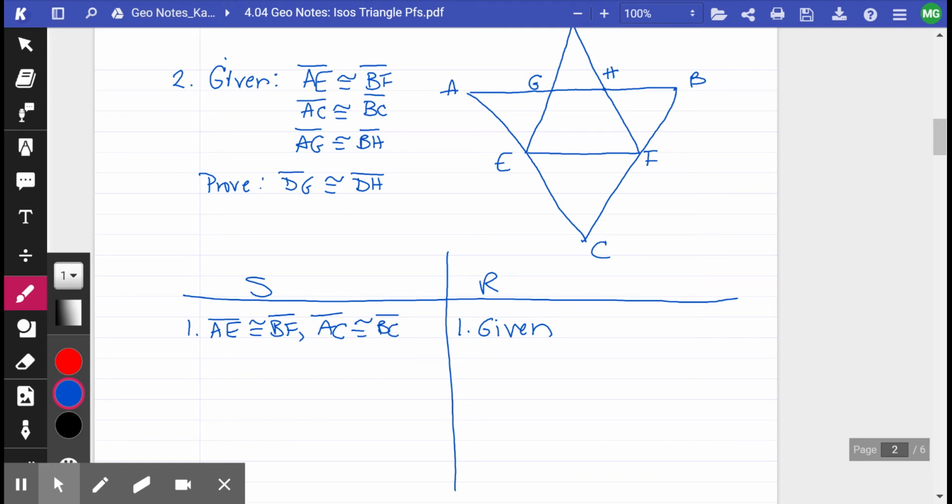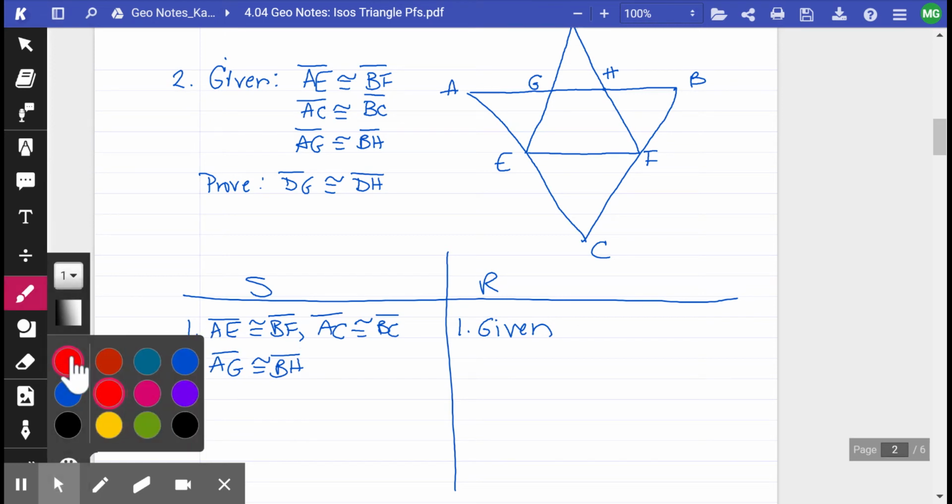Work backwards, work forwards until we know what to do.